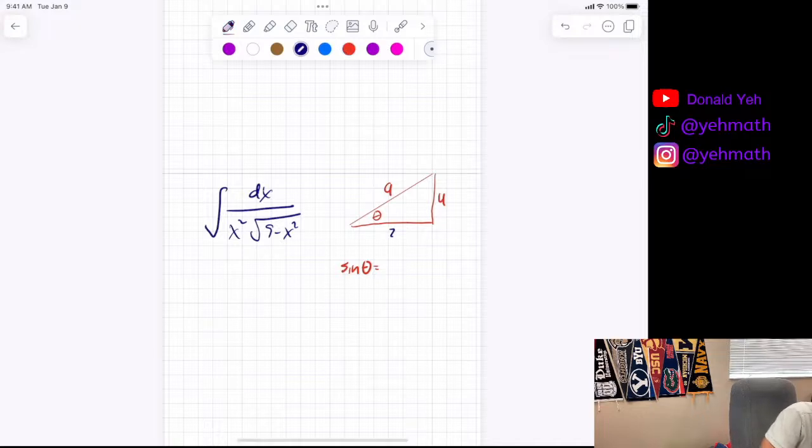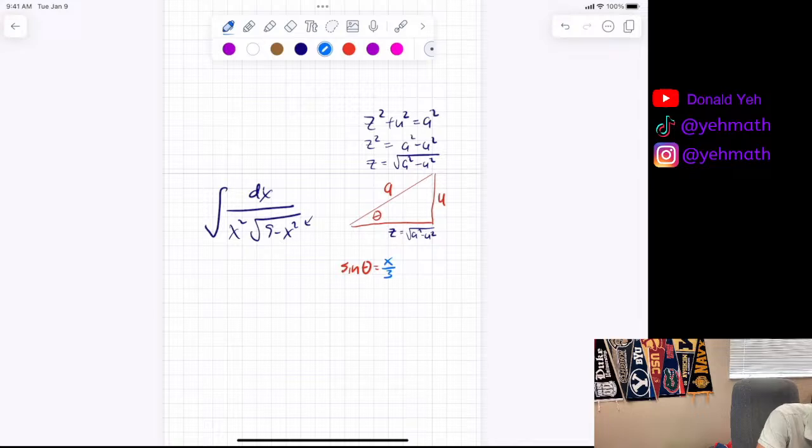If this side is z, then z squared plus u squared equals a squared, and then z squared equals a squared minus u squared. Z equals the square root of a squared minus u squared, which just makes sense. That's what this format is looking for. So in this case it's u over a, or x over 3, right?